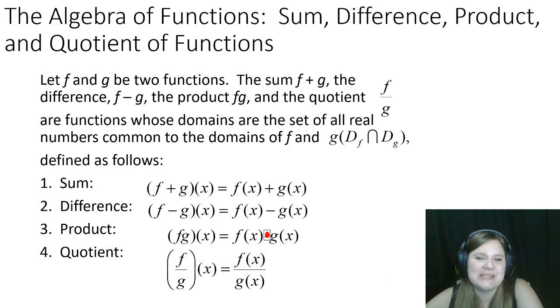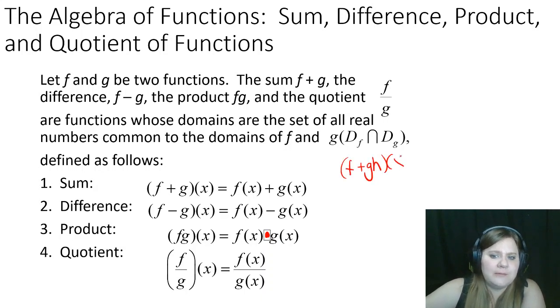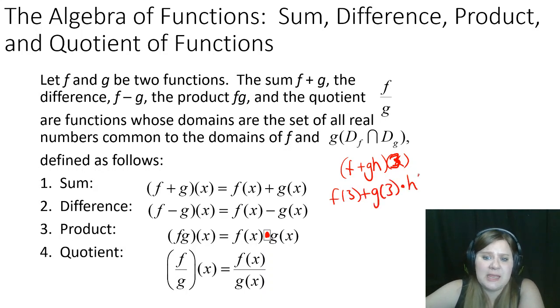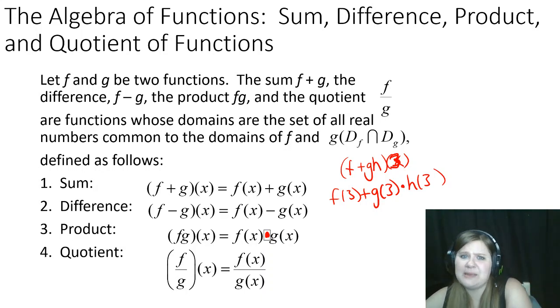But this is just a simpler way to write it, because I could say f plus g of x, or of 3 even. And I'm going to say I'm plugging 3 into f plus g. That's going to be a little simpler than writing f of 3 plus g of 3. So it's a shorthand way to say that, okay? But it's the same thing.